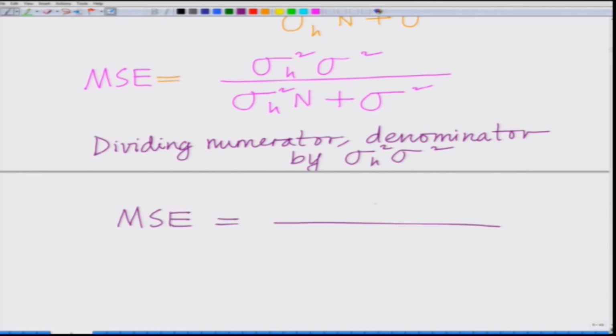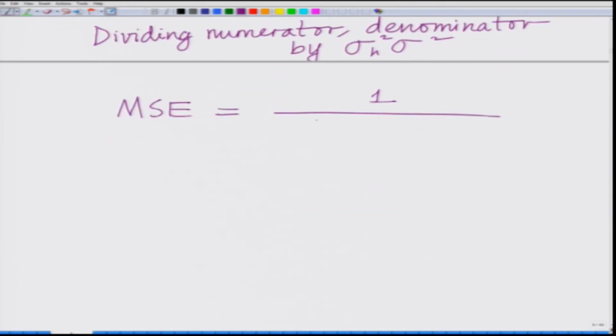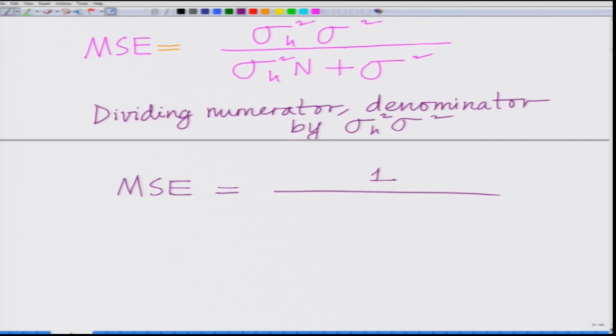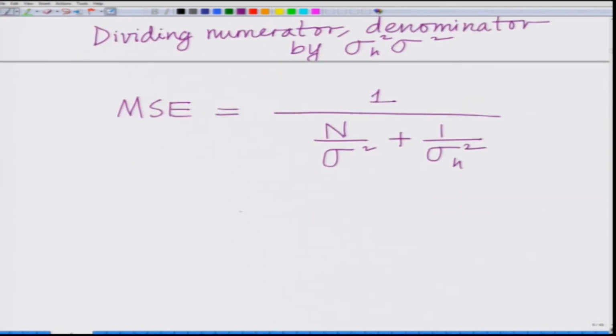Of course, once you divide the numerator by sigma h square, you have 1 in the numerator, divided by sigma square n by sigma h square sigma n square. So you have n divided by sigma square plus sigma square divided by sigma square sigma h square. This is sigma h square, and therefore what you have is now just one final modification.